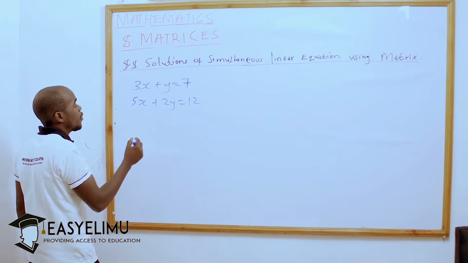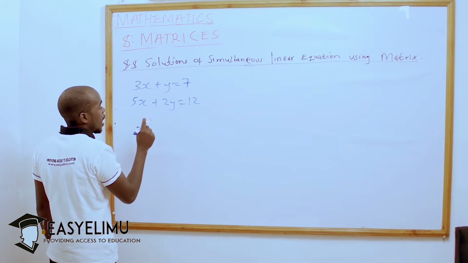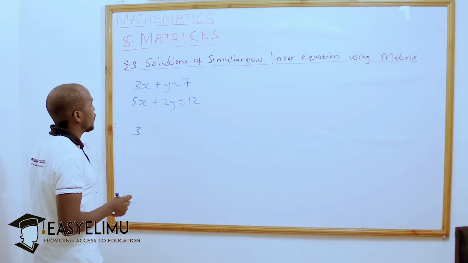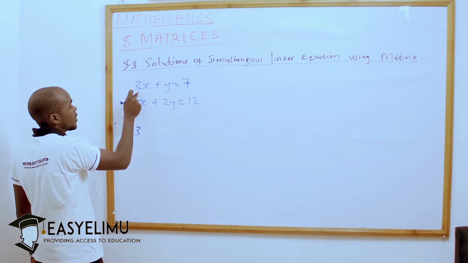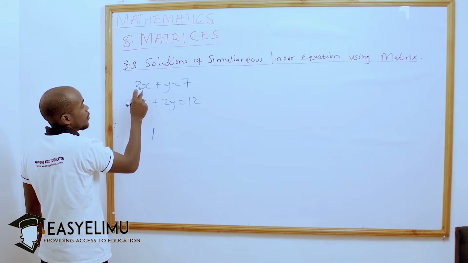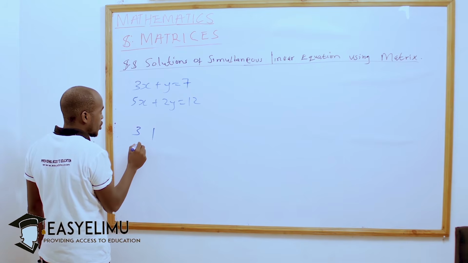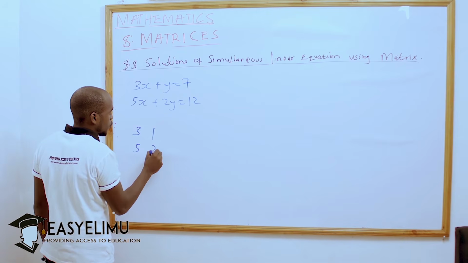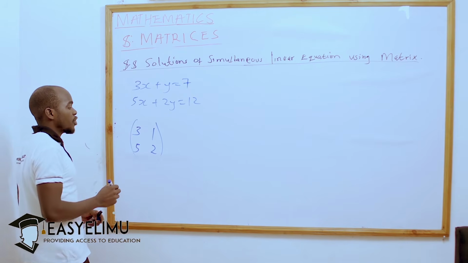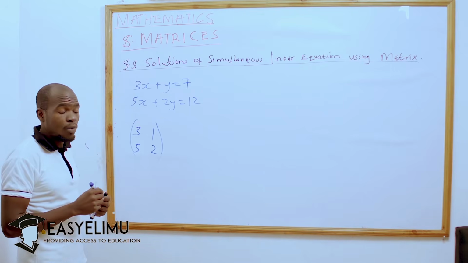The first one is what we refer to as the matrix of coefficients. Here we take 3, 1, which are the coefficients of x and y in the first equation, and in the next equation we have 5 and 2, the coefficients of x and y.